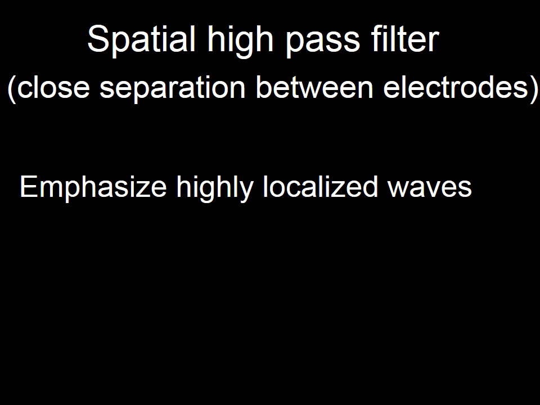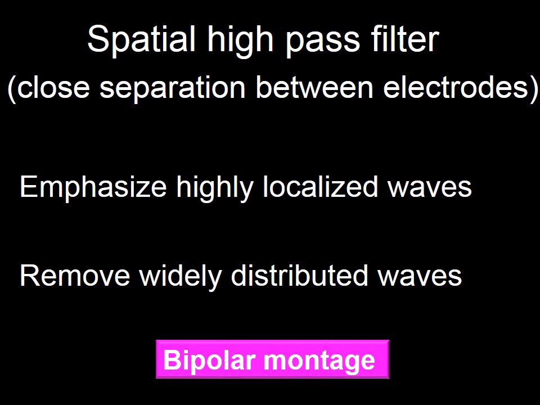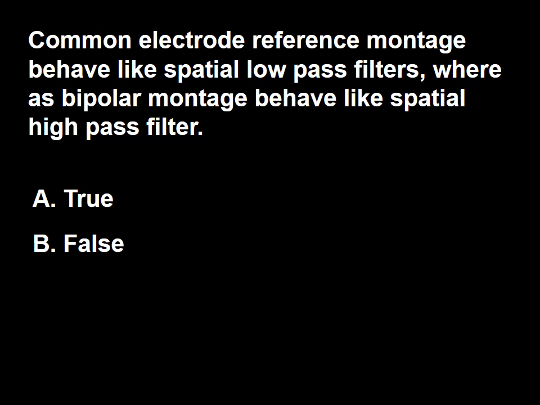Electrodes close to each other emphasize highly localized waves and remove widely distributed waves. Bipolar montage with closely placed electrodes behave like spatial high-pass filters. So the answer to this question is true.